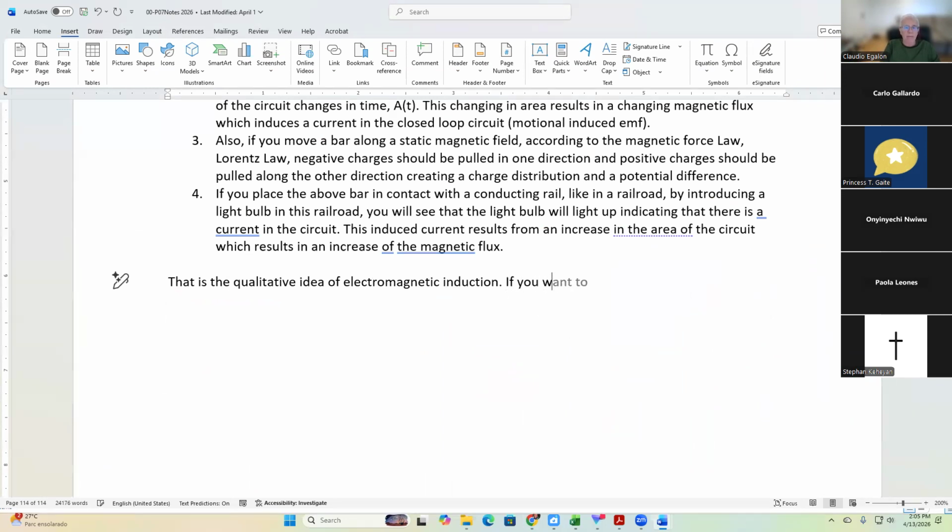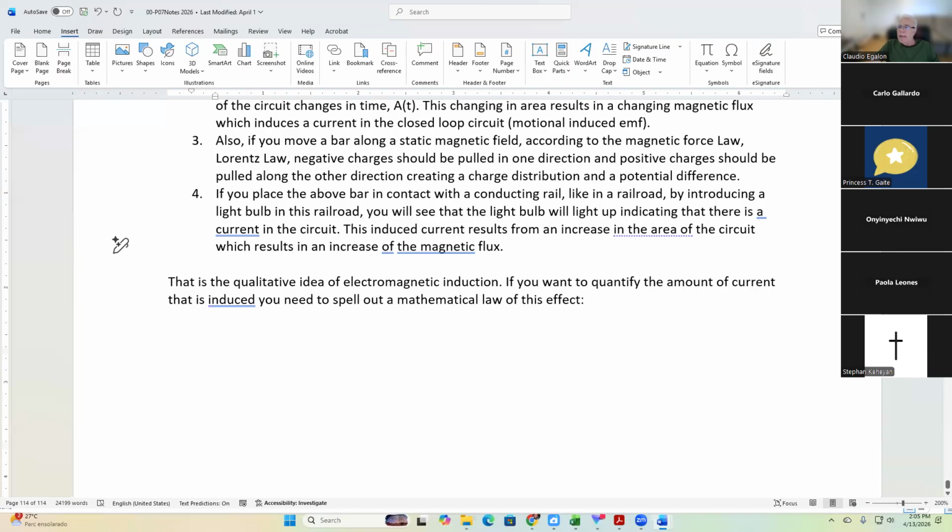If you want to quantify the amount of current that is induced, you need to spell out a mathematical law of this effect.